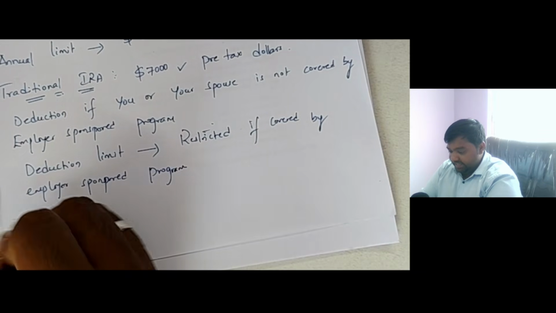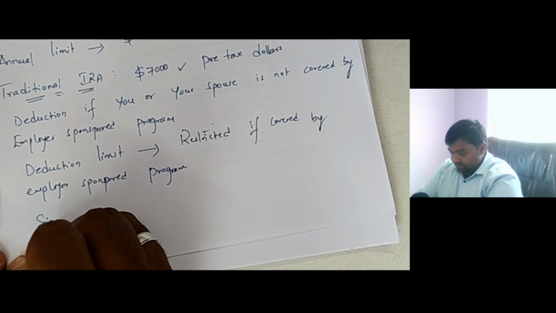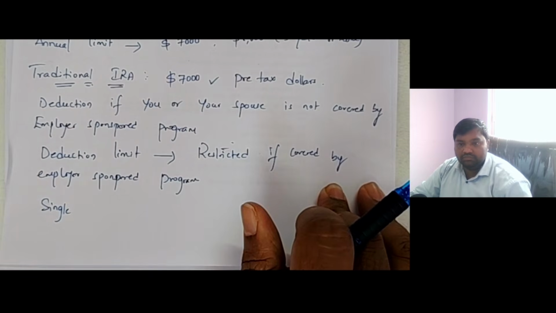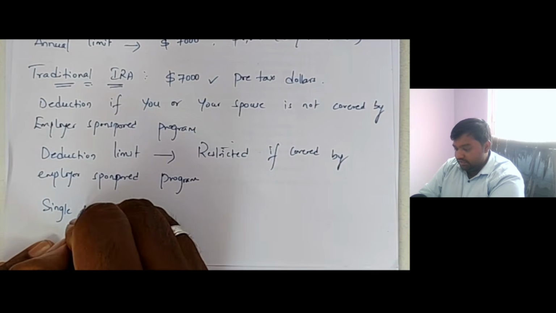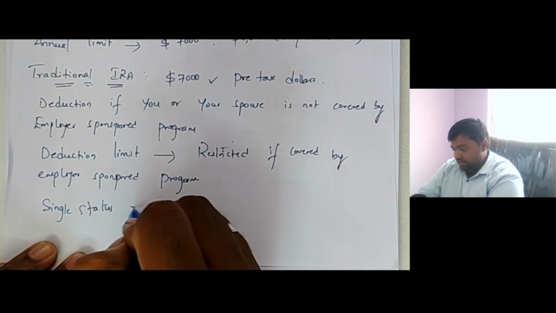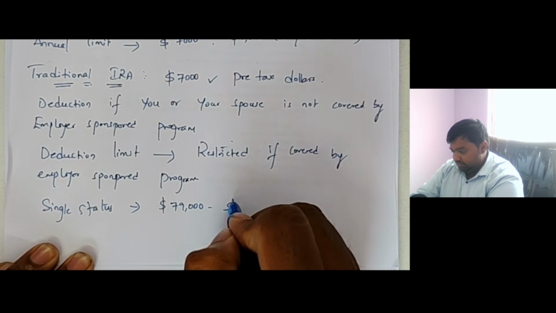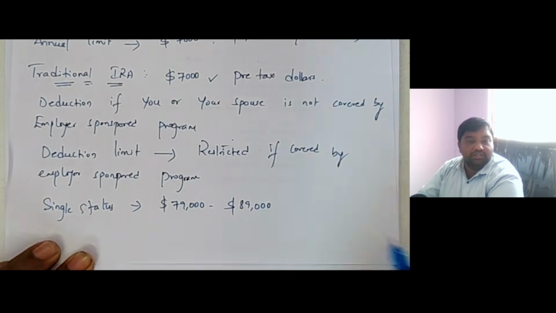For single status persons, the limit is 79,000 to 89,000 US dollars.